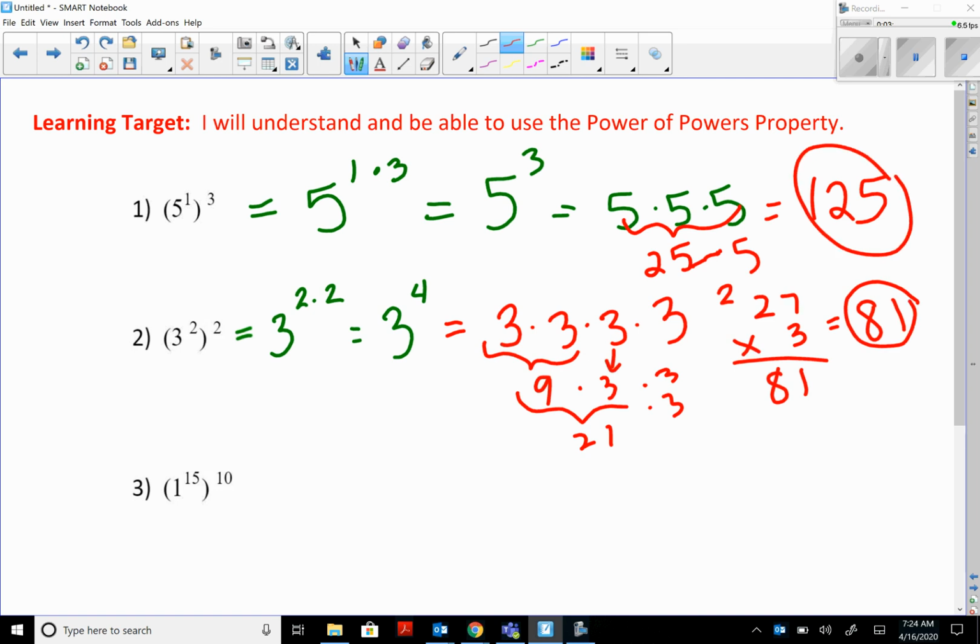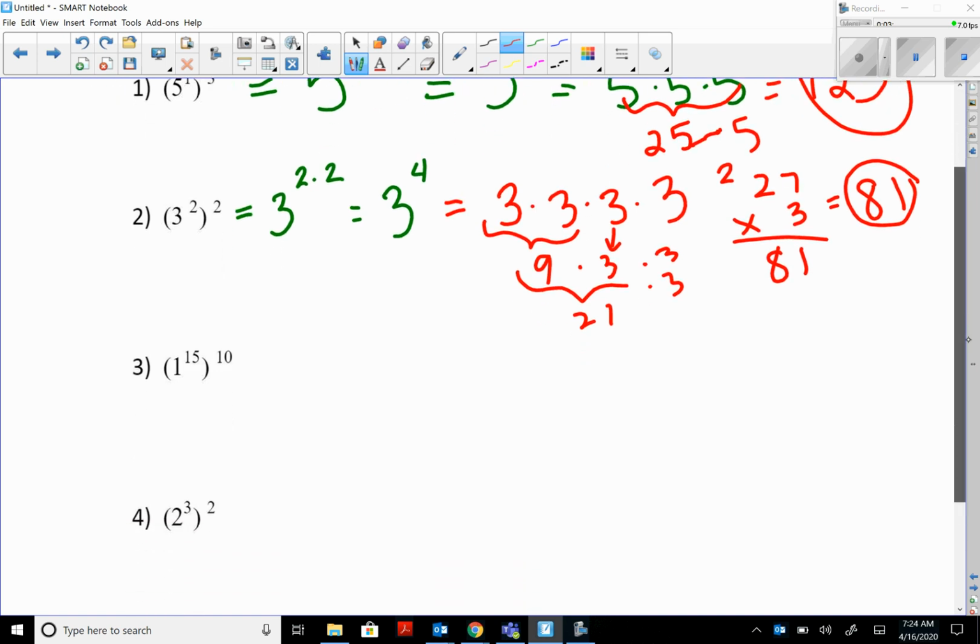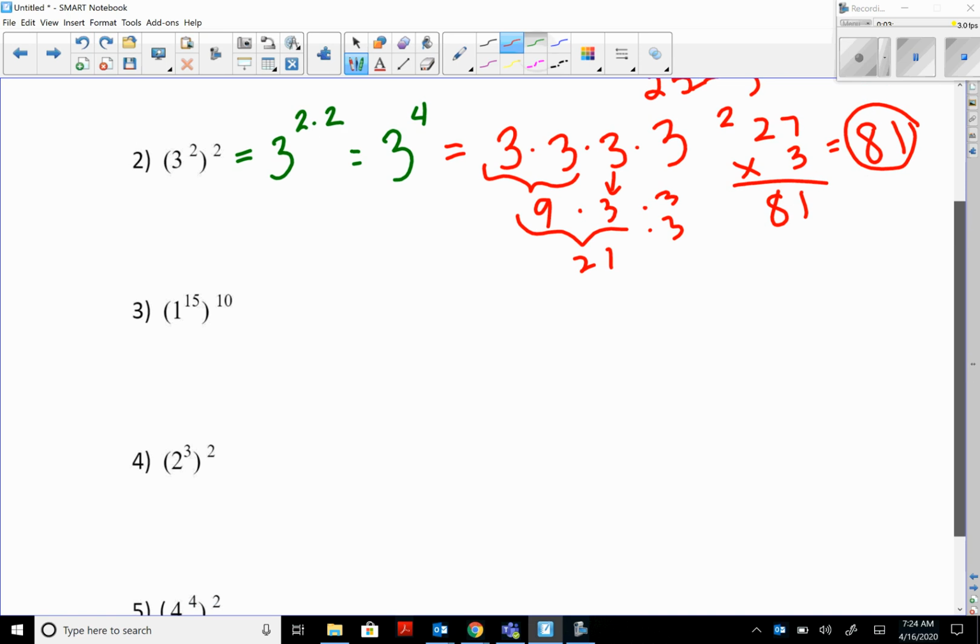Okay, this next one is going to be a little bit easy because our base number is 1. So if we use the power of a power property, we're going to multiply the exponents. 15 times 10 is 150.